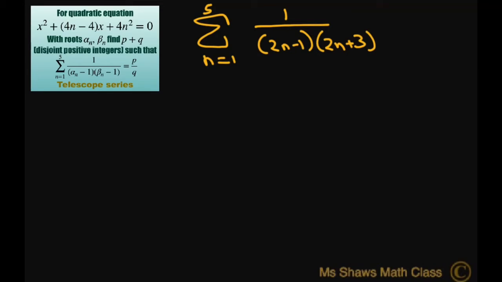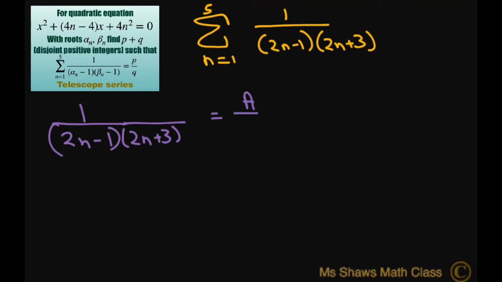Yeah, we can break this one up by using partial fraction decomposition. So I have 1 divided by (2n minus 1) times (2n plus 3), and write this as a divided by 2n minus 1 plus b divided by 2n plus 3.